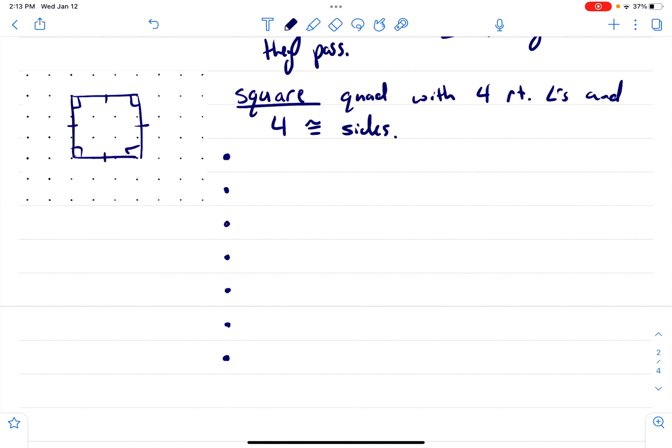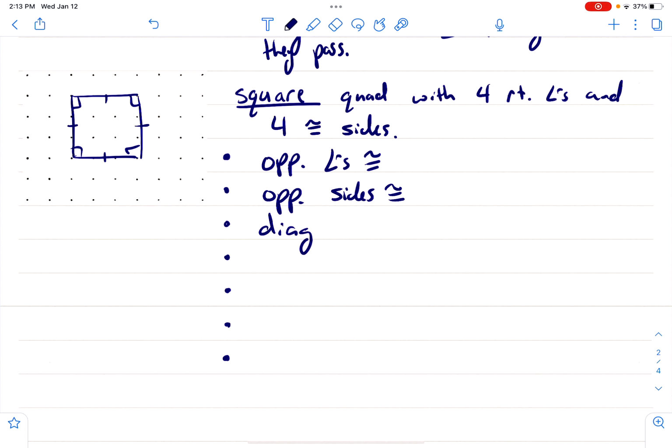Fantastic. First four special things come from parallelogram. Opposite angles are congruent. Opposite sides are congruent. Let's see, diagonals. This is the one I can't shortcut a whole lot. Diagonals bisect each other.